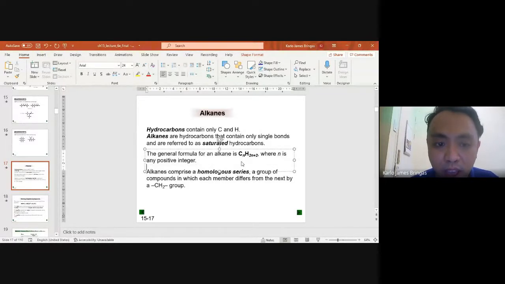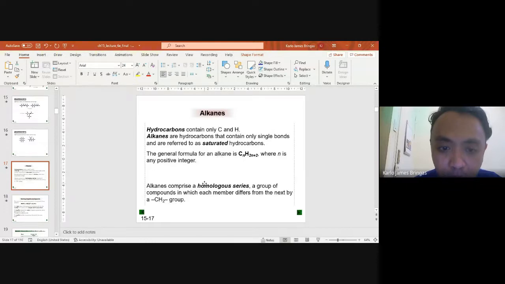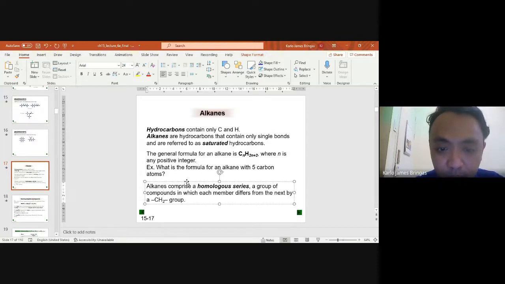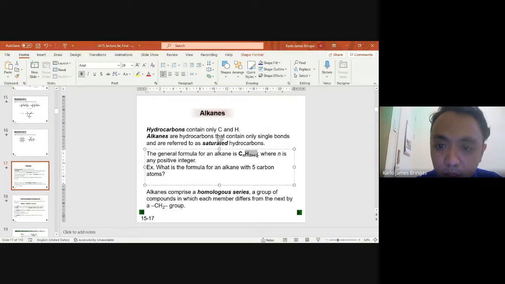So for instance, if you have 5 carbon atoms in total, and you want to find the formula for an alkane with 5 carbon atoms, you just use this formula. The 2n+2 in this formula tells us the number of hydrogens that we have.